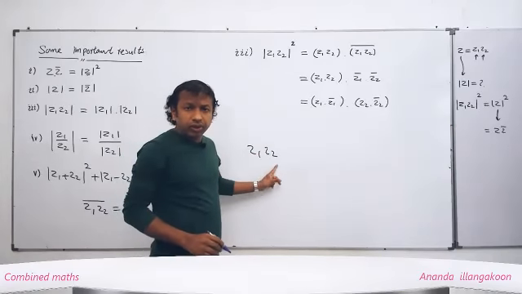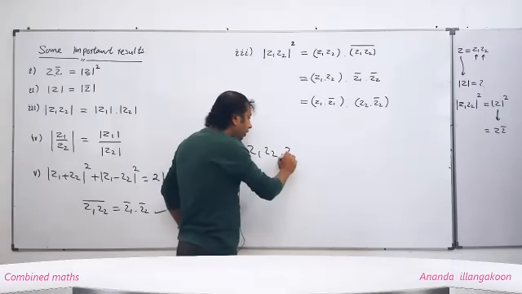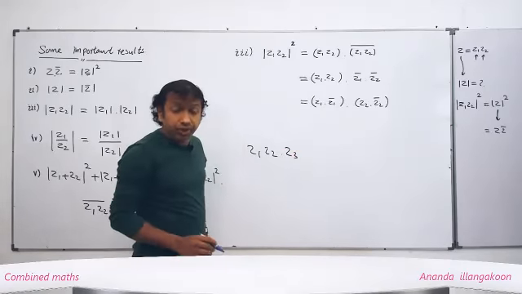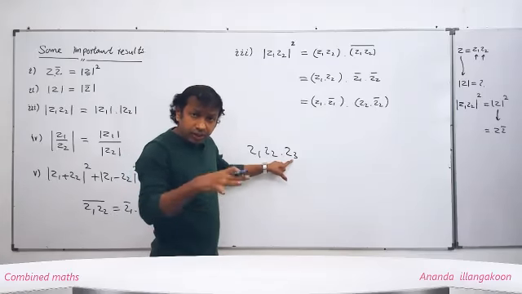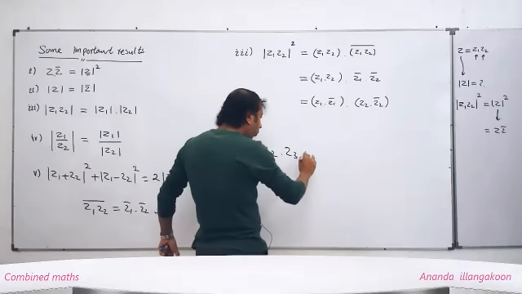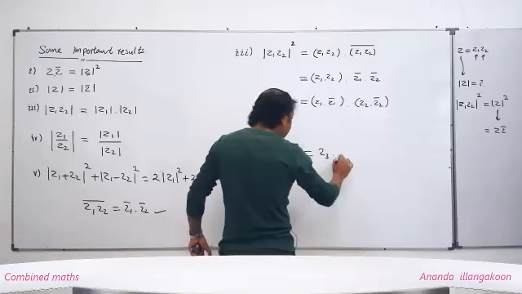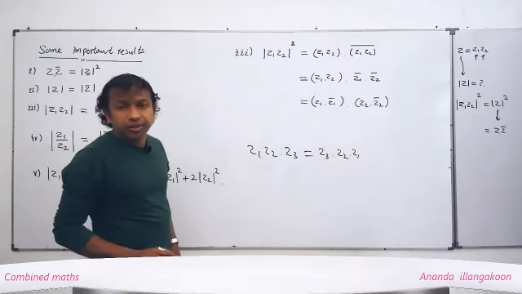This product Z1 Z2 is a complex number. When you multiply this by another complex number Z3, this product is a complex number. In this case, when you change the order, Z3, Z2, Z1, this way, still the product is equal.